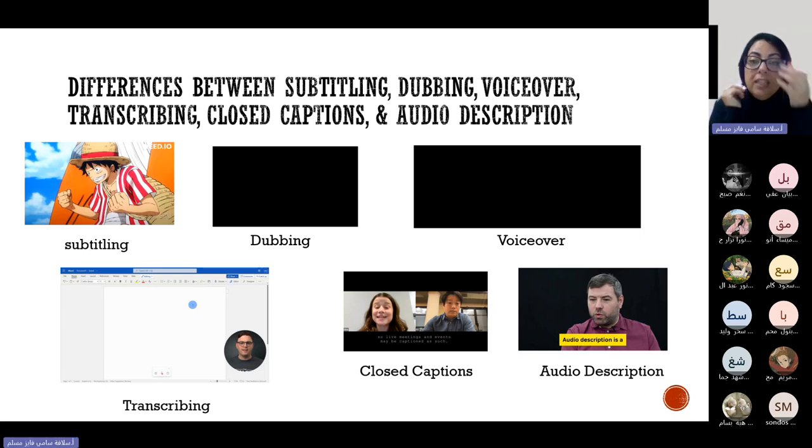After your AI transcribe tool does the transcription, you will need to go back and read it and make sure that it's transcribed correctly. As I told you, transcription means if a mosquito passes and makes a sound, you will need to write it down. Okay? So this is transcribing.